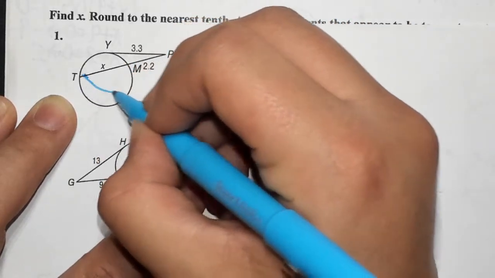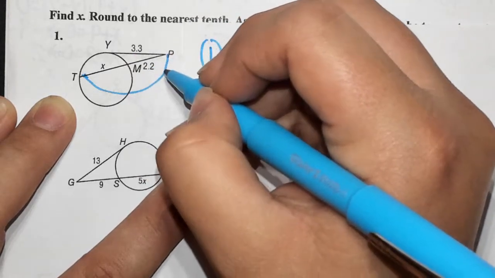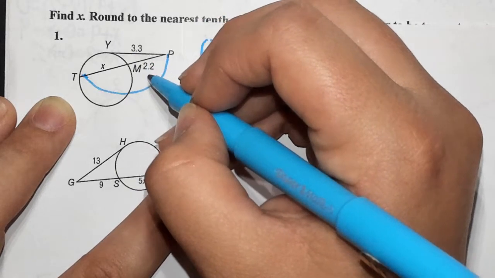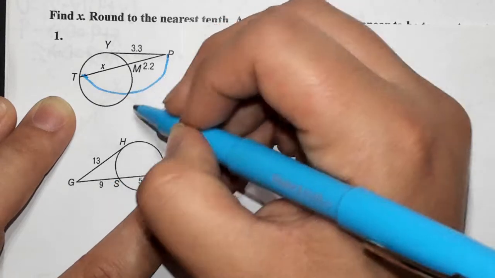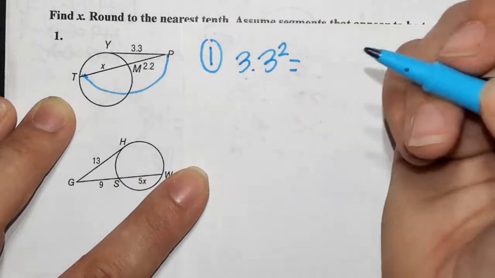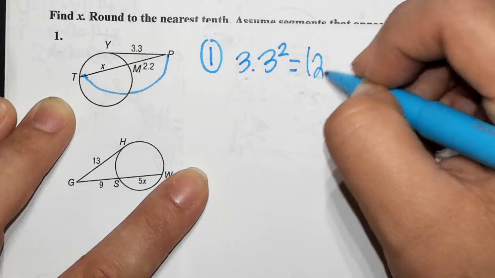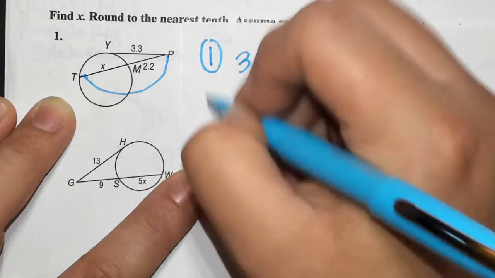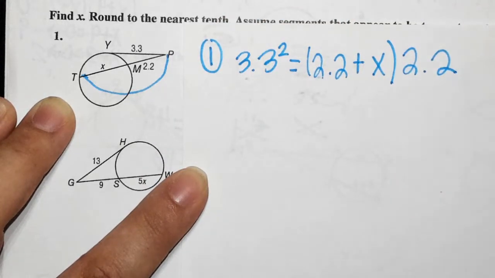So what is PT? 2.2 plus x. The whole is 2.2 plus x. And then just the outside is 2.2.